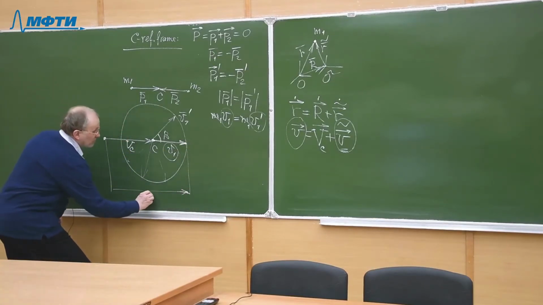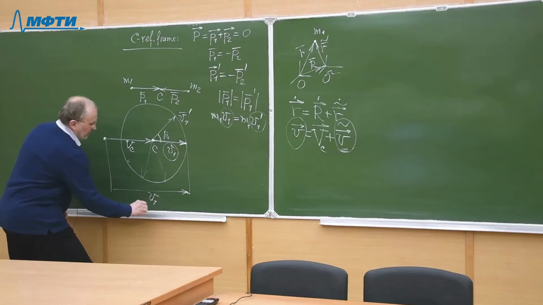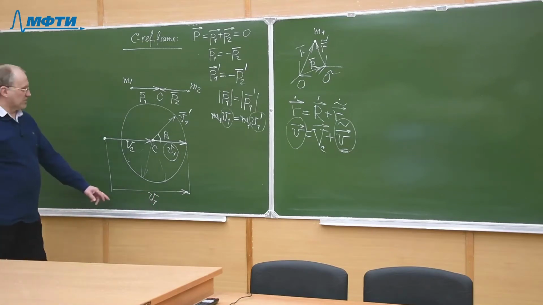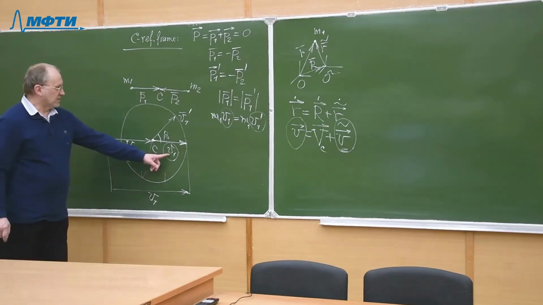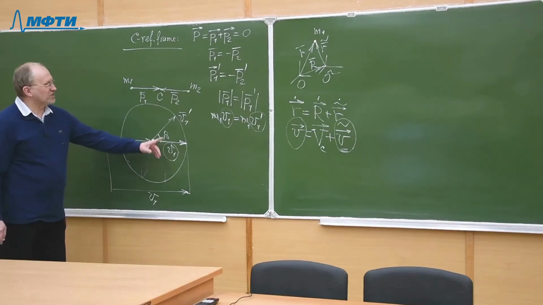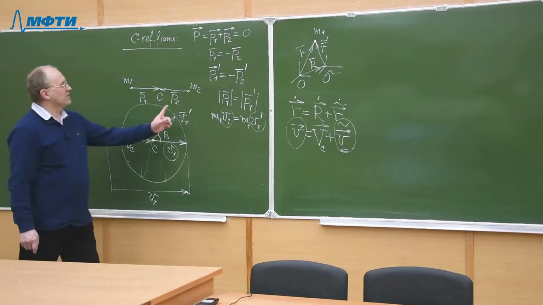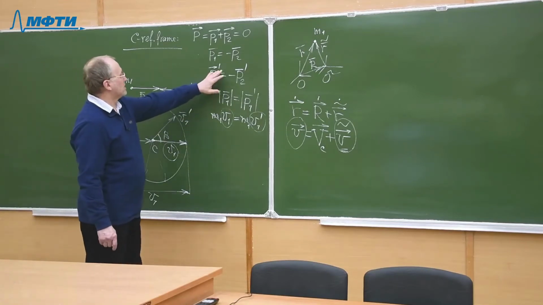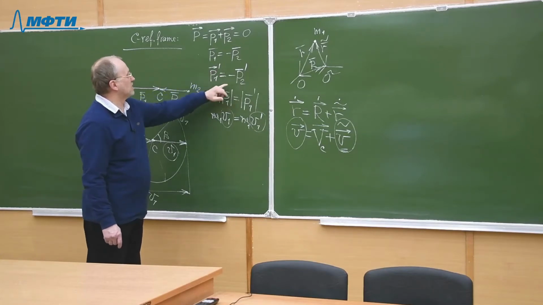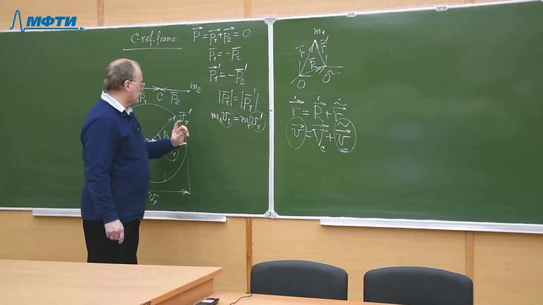That will be the velocity of the first particle in the first reference frame, and this is in the reference frame associated with, well, again, it's a mess with notations. I'm sorry. I started denoting with a prime the vector after the collision.